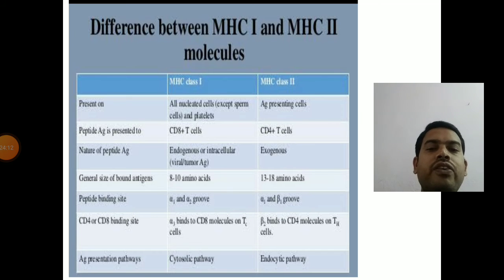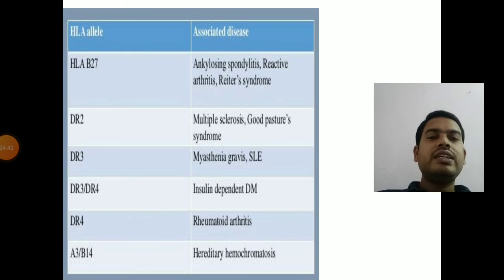And CD4 and CD8 binding site: alpha 3 binds to CD8 on T cytotoxic cells, and beta 2 binds to CD4 on T helper cells. Antigen presentation is by the cytosolic pathway by class 1 MHC molecule, and by the endocytic pathway by class 2 MHC molecule. So these are the major differences between class 1 and class 2 MHC molecule.